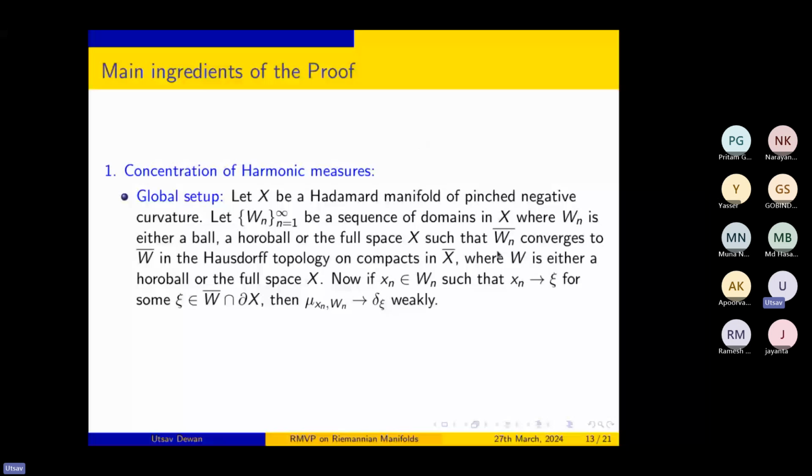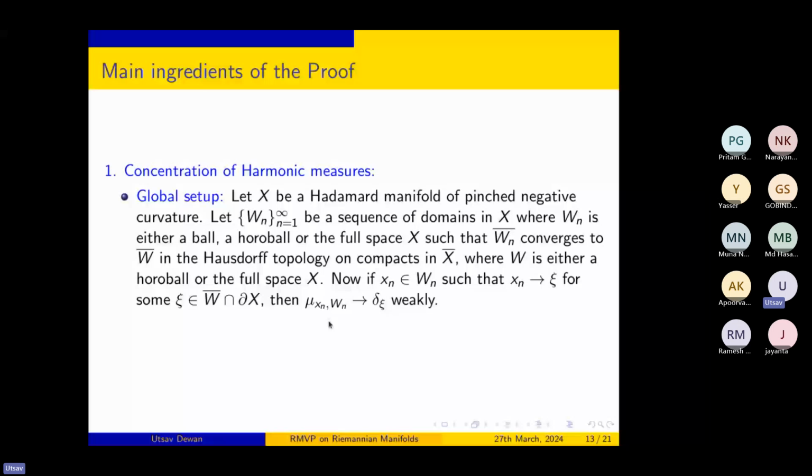Now these Wn closures converge to W closure in the Hausdorff topology in the compactification X closure, where this limiting domain W is either a horoball or the full space X. Now, if xn is in Wn such that xn converges to xi for some xi in W closure intersection del X, then again this convergence of points would result in the convergence of measures.